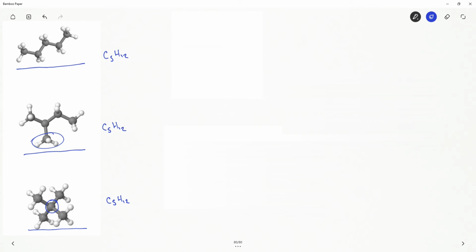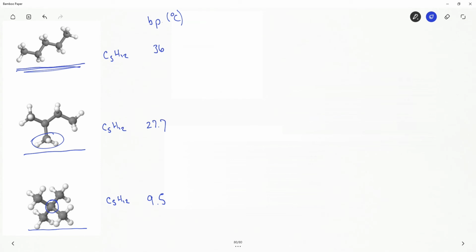How does the boiling point change with the shape of the molecule? You can see the boiling points go down the more I move away from this straight chain option up here.